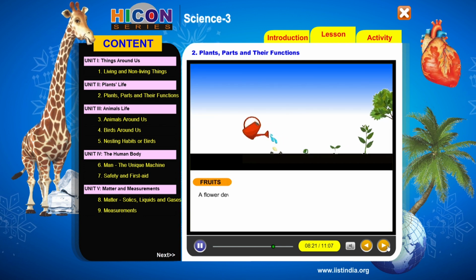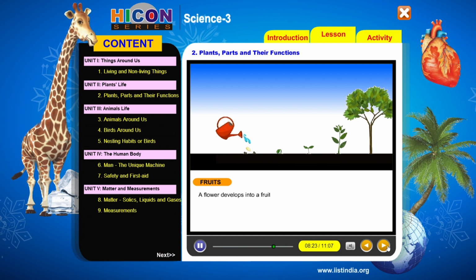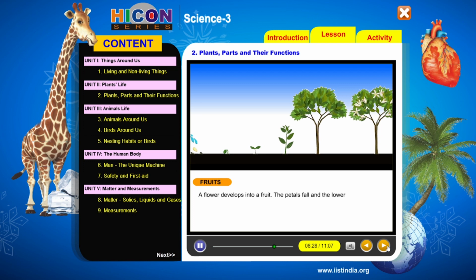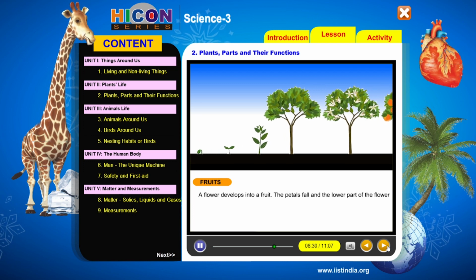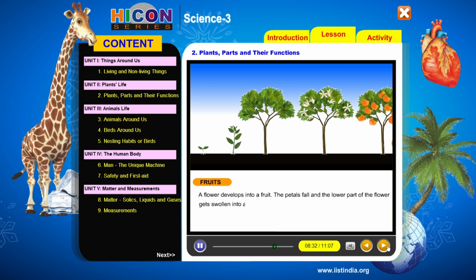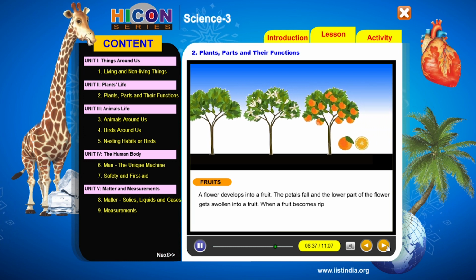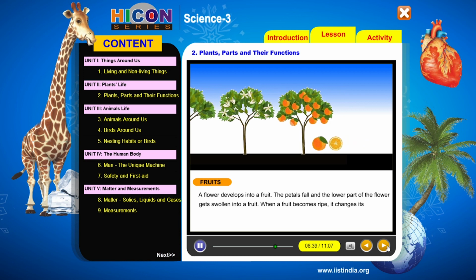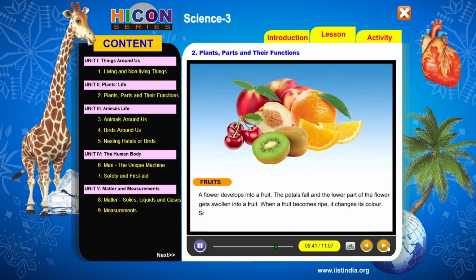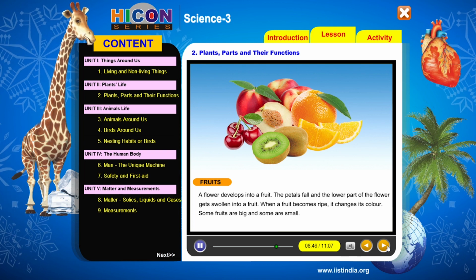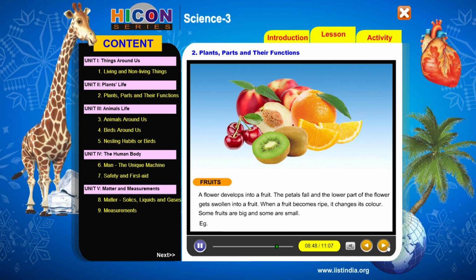Fruits. A flower develops into a fruit. The petals fall and the lower part of the flower gets swollen into a fruit. When a fruit becomes ripe, it changes its color. Some fruits are big and some are small.